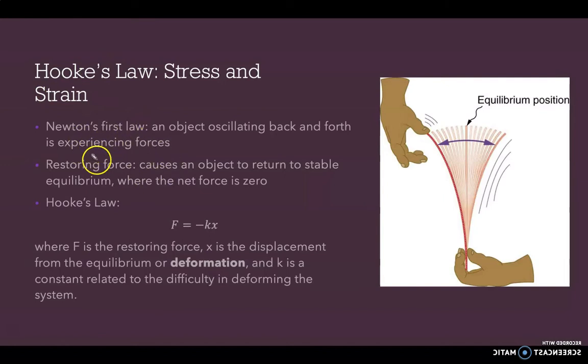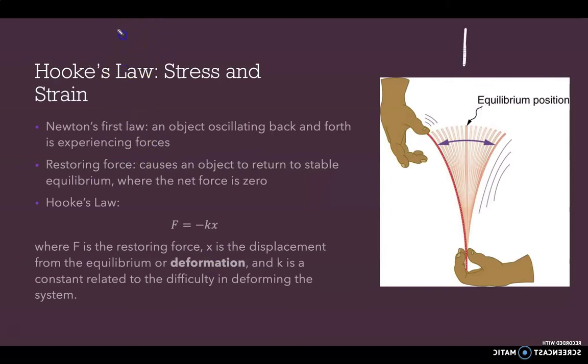Now, why is it doing that, or how is it doing that? That is going to be something called a restoring force, okay? That restoring force causes an object to return to a stable equilibrium, or where the net force is 0.